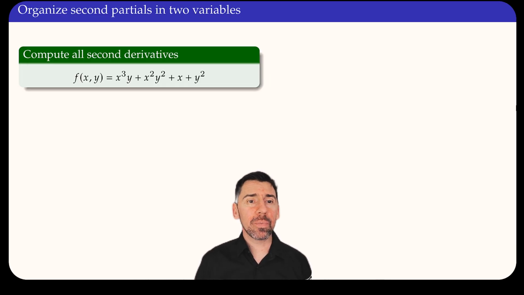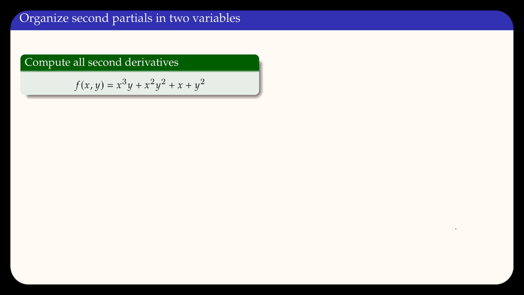Here we have an example, and the example says compute all second derivatives of the function f of x, y. The question asks us to compute all second derivatives, so why don't we give that a try? In order to compute the second derivative, a good place to start is by computing the first derivative. So we've got f subscript x is going to equal, well, I'm going to take the derivative with respect to x, and looking at this, I've got kind of a linear function with power terms.